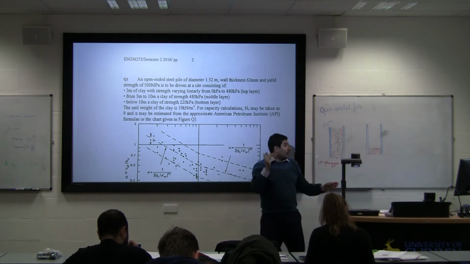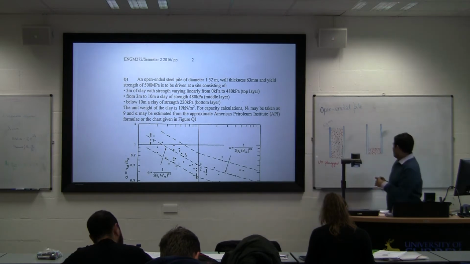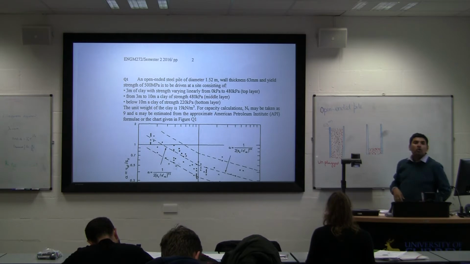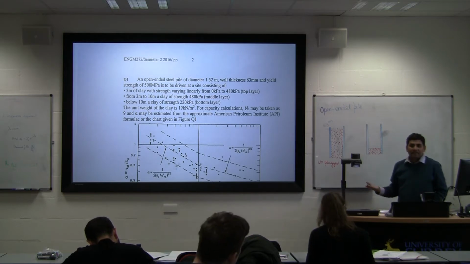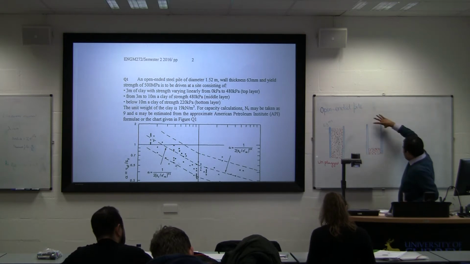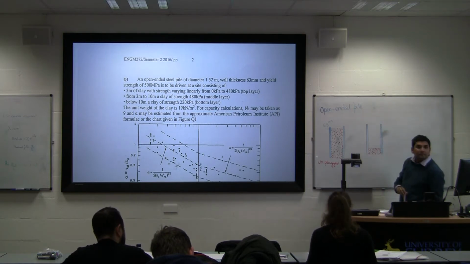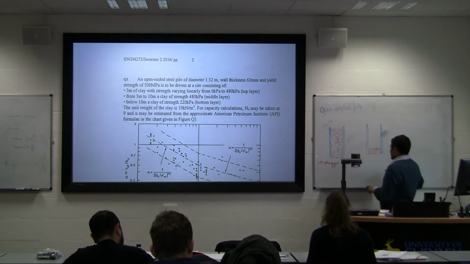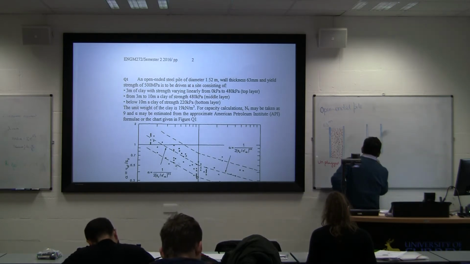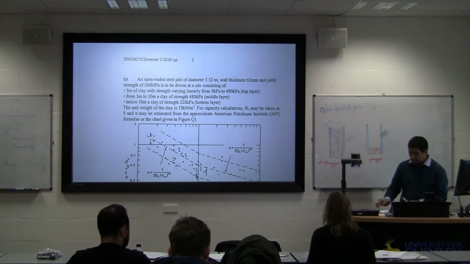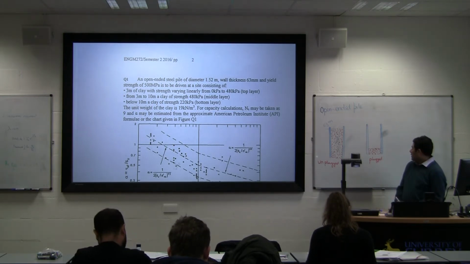So what happens, the plug forms here and then the pile behaves as a closed-ended pile, because it forms a plug, and as you drive it, it moves like that, right? So these things can happen, and this is a plugged pile. Okay? Now how do you then find out the capacity?